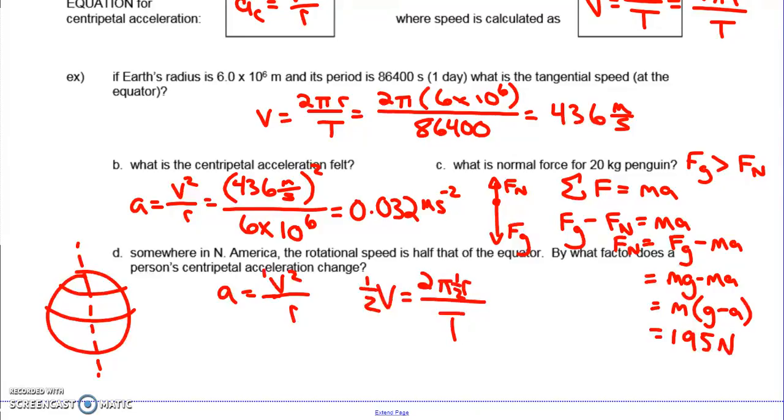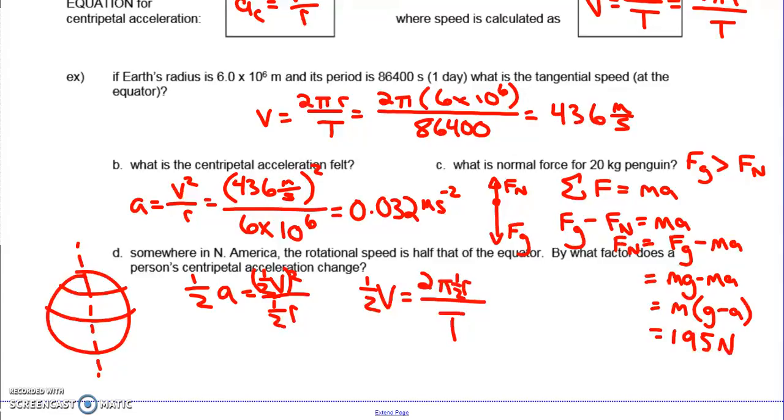And then I have half times my velocity, but the way I had to get that was cutting my radius in half as well. So I have a half squared over a half, so that works out to be 1/2 times the acceleration.